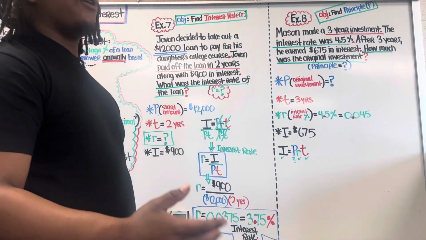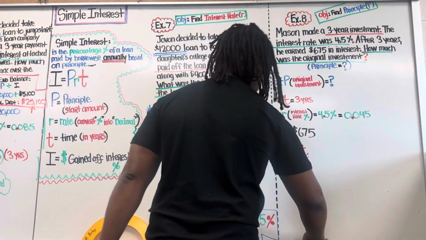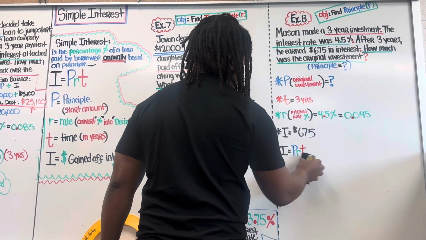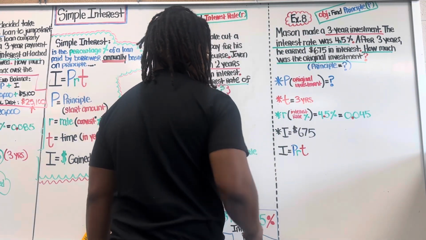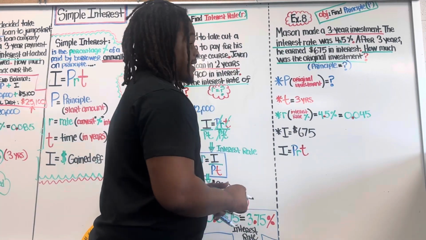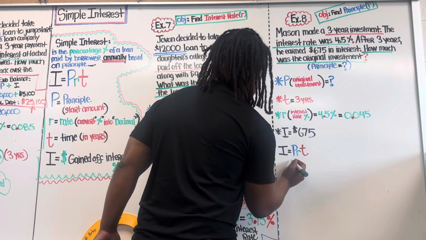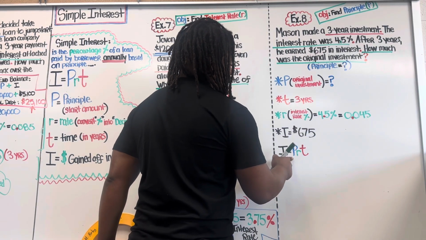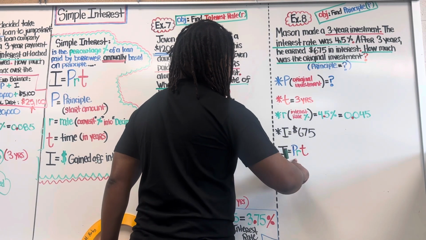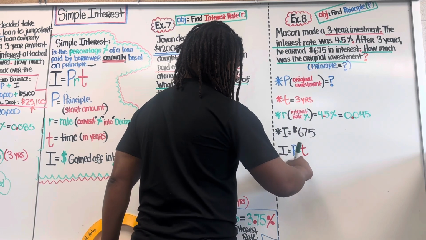So in order to find the principal, we need to convert this formula to where we're solving for the principal, just like I did in example 7, but for the principal. We have to detach it from R and T, the interest rate and the time.